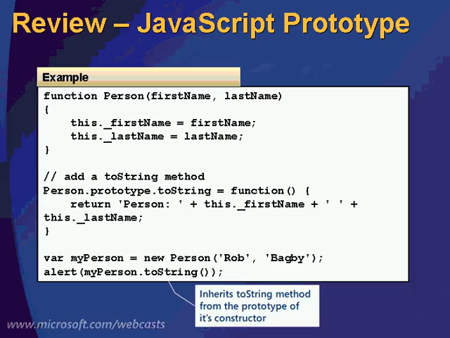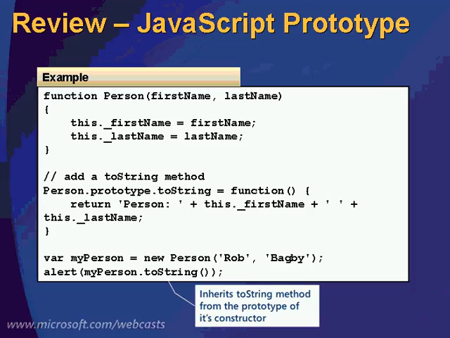What you'll see below that is an indication that our constructor function, in fact every function, has a prototype. And so down here you'll see person.prototype. I'm essentially accessing the prototype of my person constructor function and adding a method to it. And so my person prototype has now got a toString method associated with it.